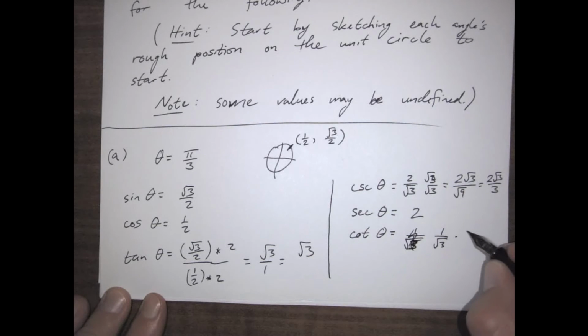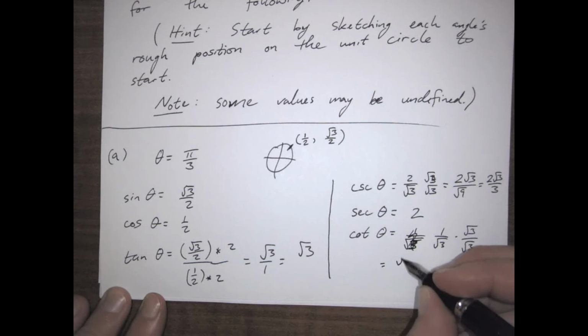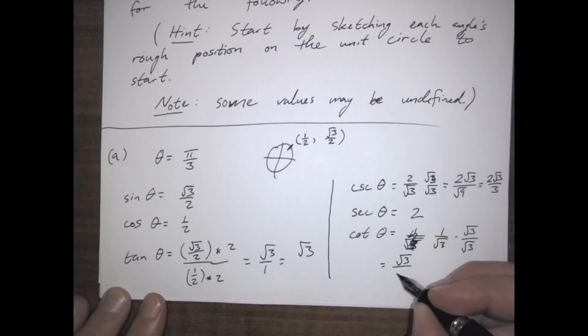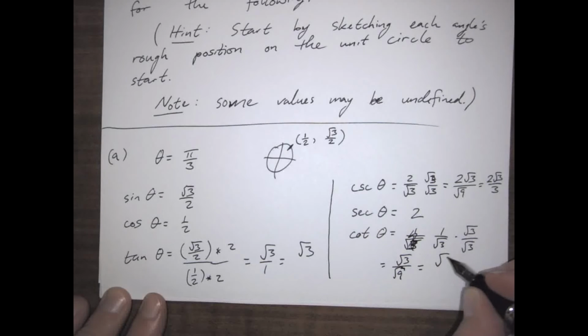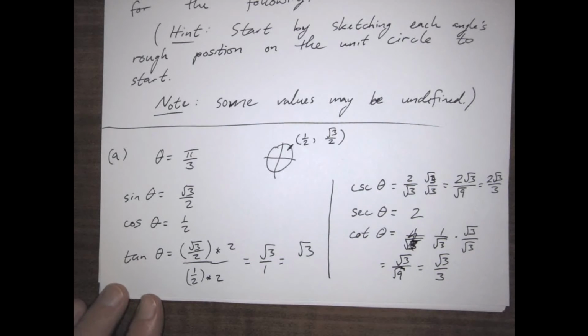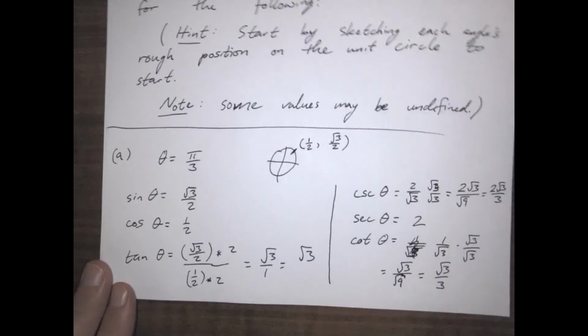But that needs to be dealt with, so we multiply top and bottom by root 3, and we've got now root 3 over root 9. In other words, root 3 over 3.